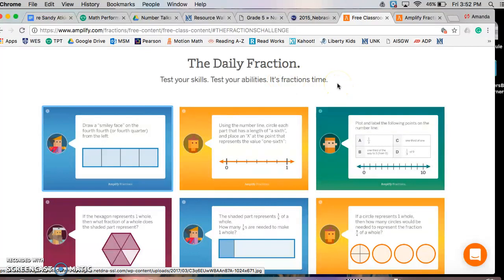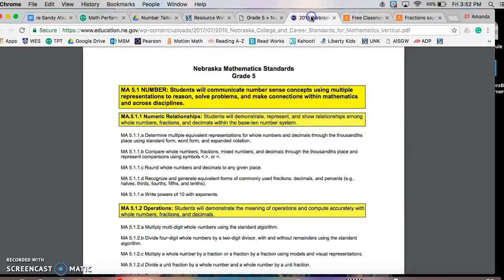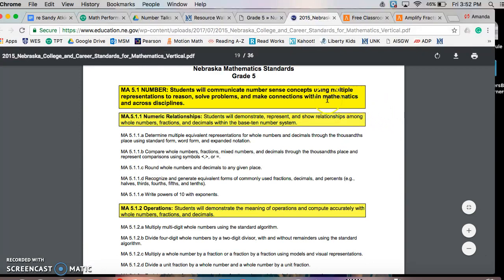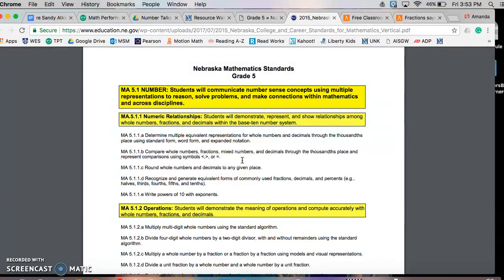So the daily fraction is going to connect to Nebraska standards under numeric relationships, having students compare whole numbers, fractions, and mixed numbers through the thousands place, comparing them using greater than, less than, or equal to, also rounding whole numbers and decimals, because we'll be able to make that connection between fractions and decimals, and be able to start to use different operations with fractions as well.